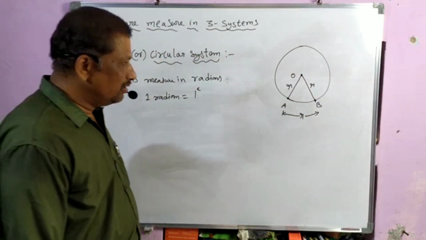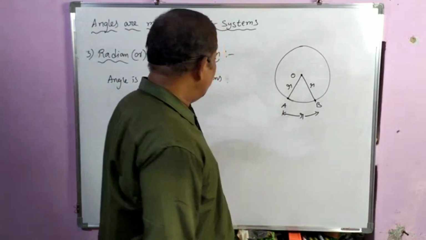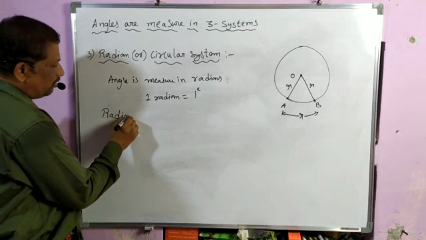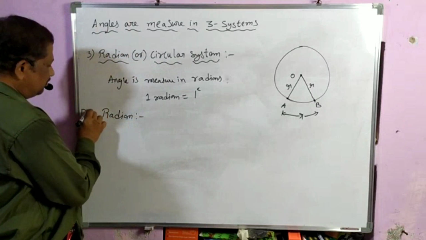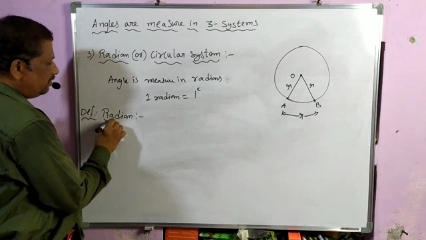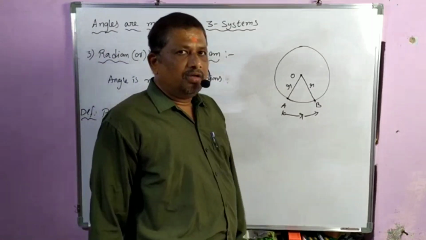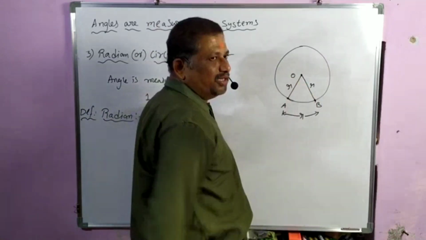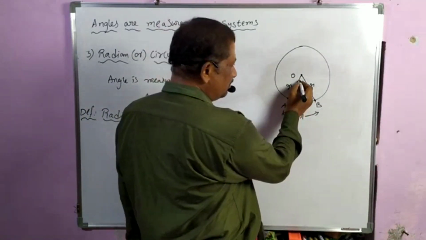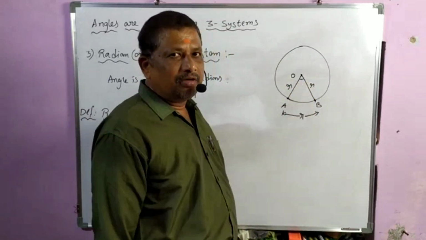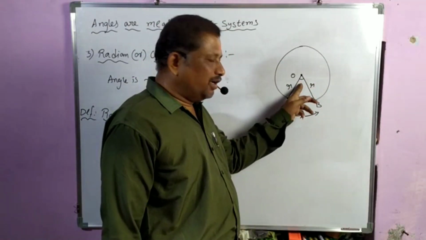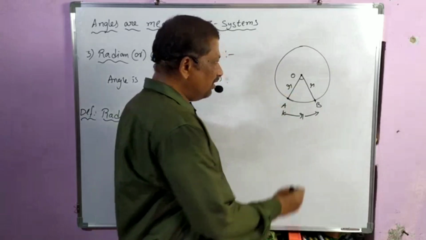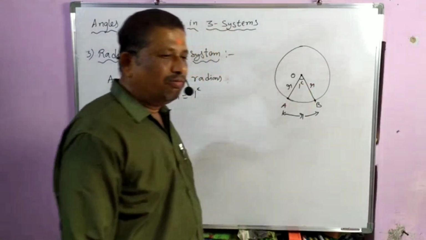Now the definition. What is the radian? The angle made by an arc, this arc AB, at the center, whose length is equal to the radius of the circle, is called 1 radian.